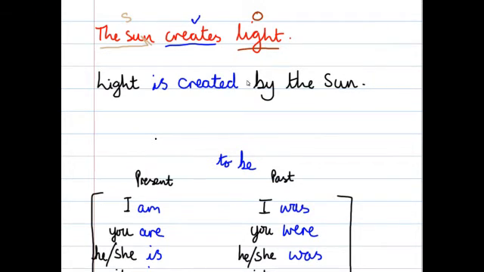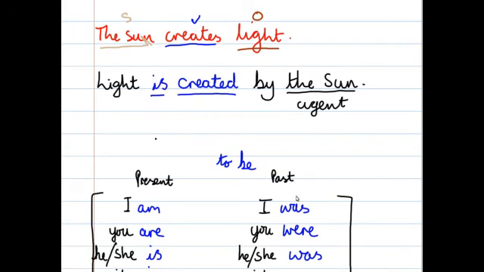And the sun becomes our agent then, the object or thing who is responsible for the action. So although we have used the past participle of the verb create, it's expressed in the present tense by this auxiliary verb here, is.